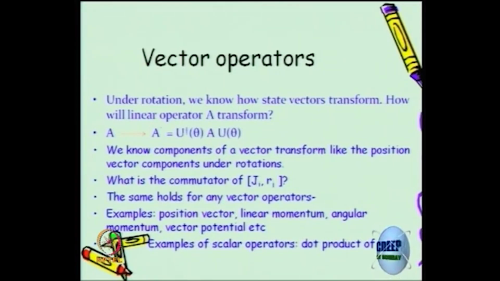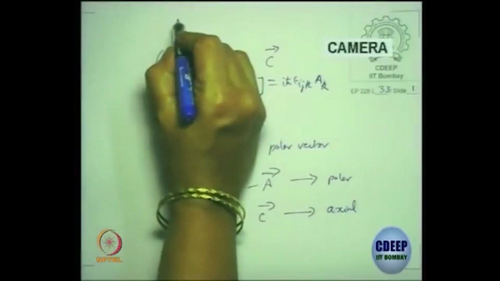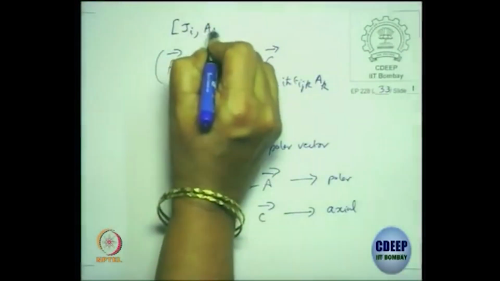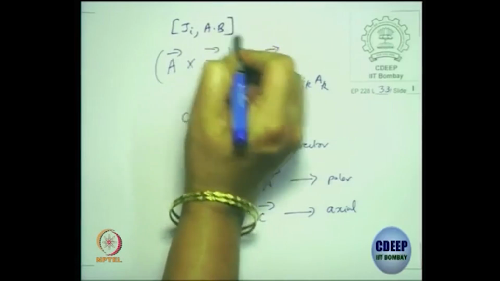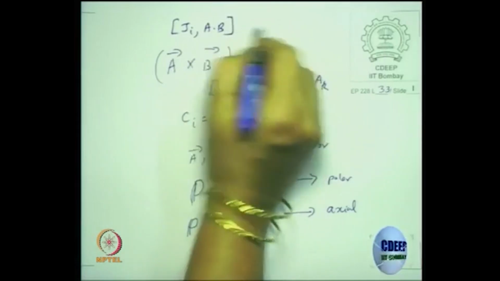You can construct a scalar operator out of vectors by taking a dot product. If you take a dot product of two vectors, you get a scalar which does not change under rotation. This is also something I want you to do. You have to show the commutator of J_i with A dot B. Prove this.